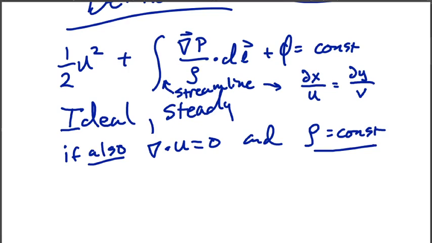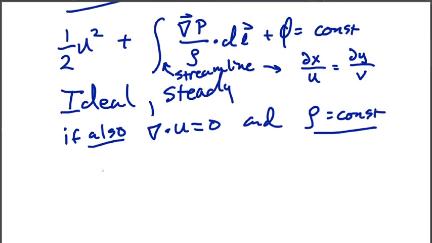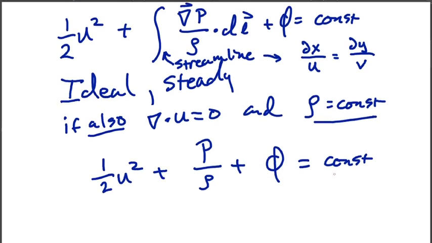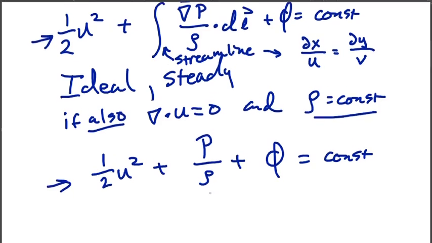The path integral is then of an exact differential p along the path length dl, and that dramatically simplifies, and our system turns into 1/2 u squared plus the quantity p over rho plus the potentials is equal to a constant. This is a powerful concept either for compressible flows or flows where the density is constant.